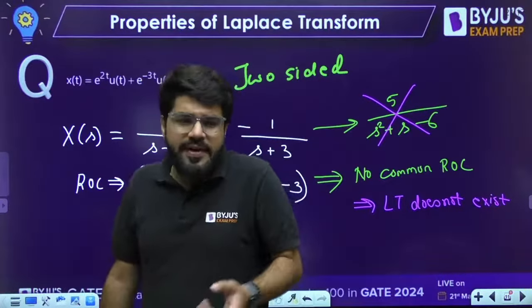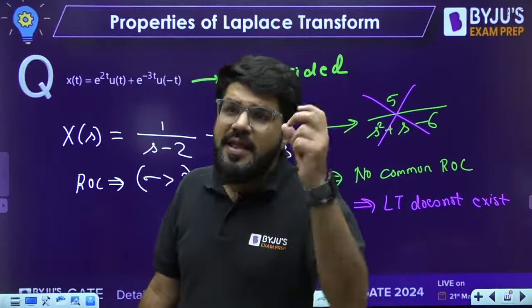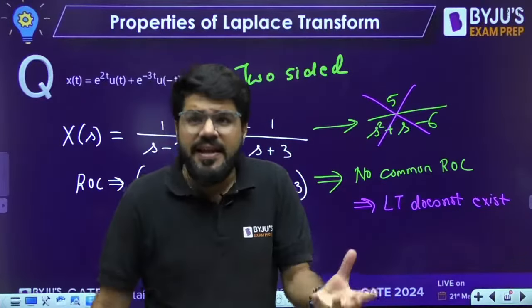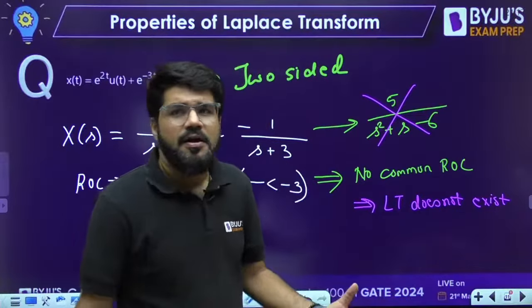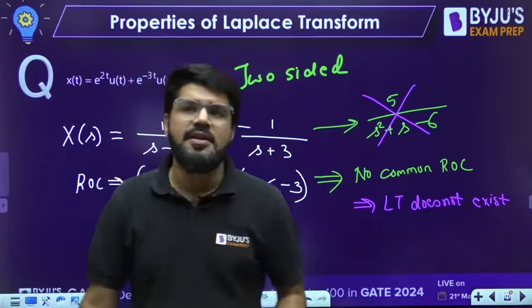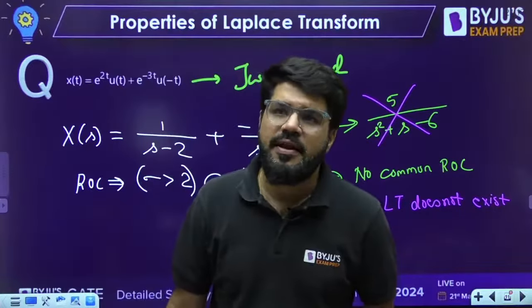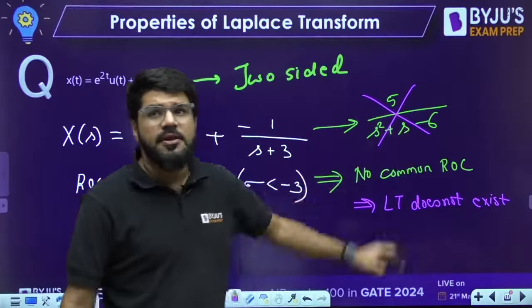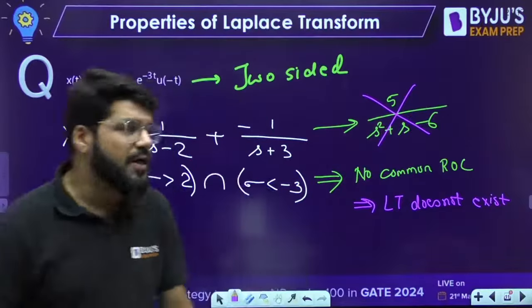Because what is ROC? Region of convergence. The region in the S-plane for which the Laplace transform is defined. But there isn't any region in the S-plane here. Because there is no ROC, there isn't any region in the S-plane for which the Laplace transform is defined, and hence there is no Laplace transform. So by chance don't write down this answer. It's going to be wrong. Let's move ahead to the next case.